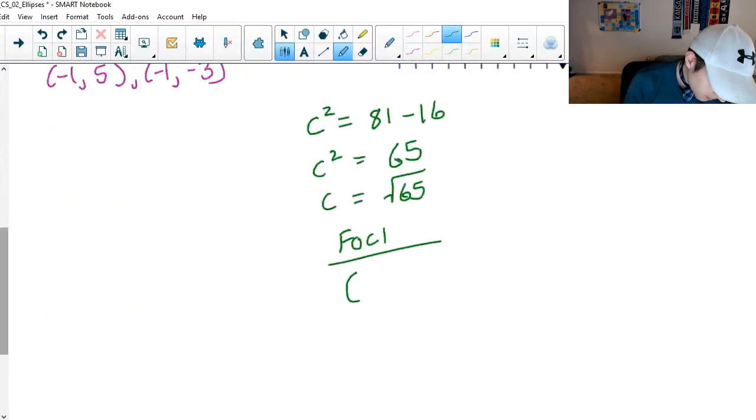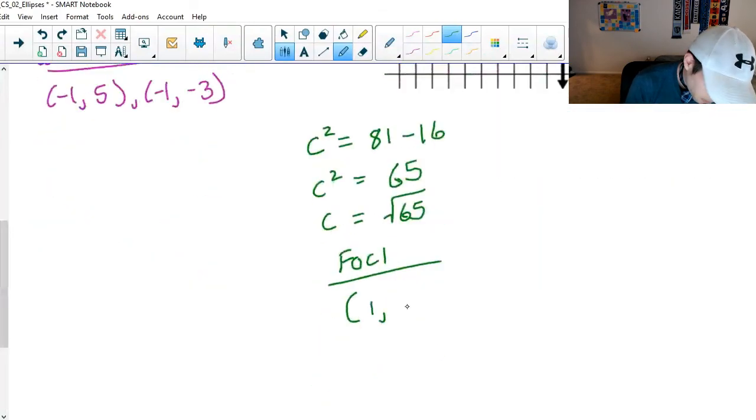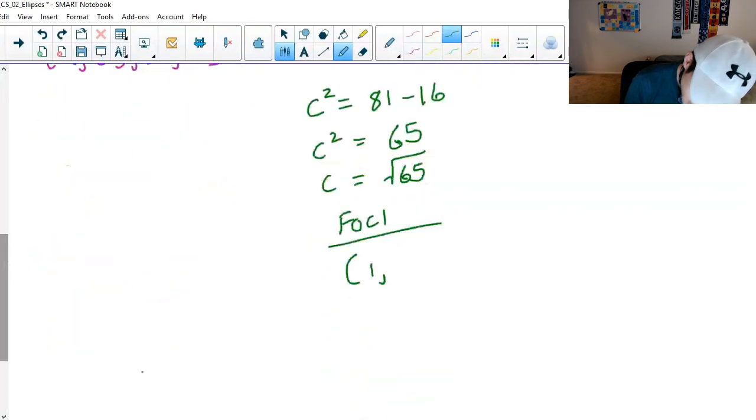So I'll keep the y value of the center the same, which was positive 1. Or no, the center is negative 1, positive 1. But moving left and right, so negative 1 plus or minus square root of 65.